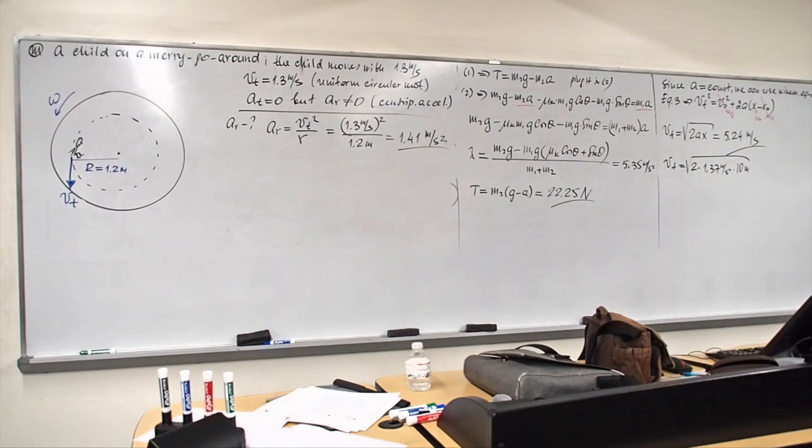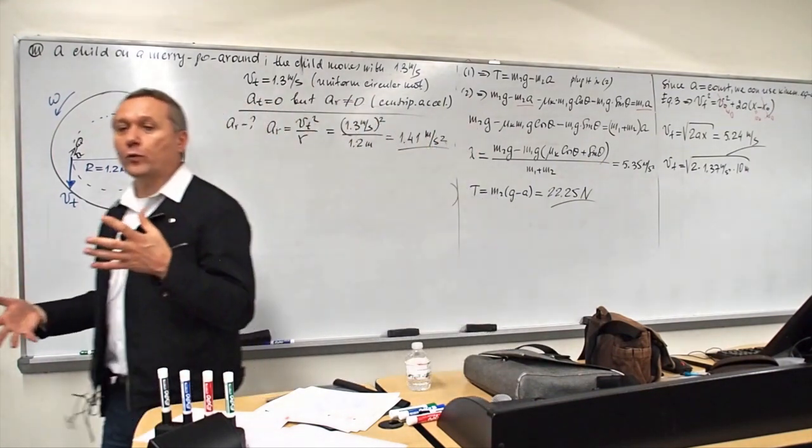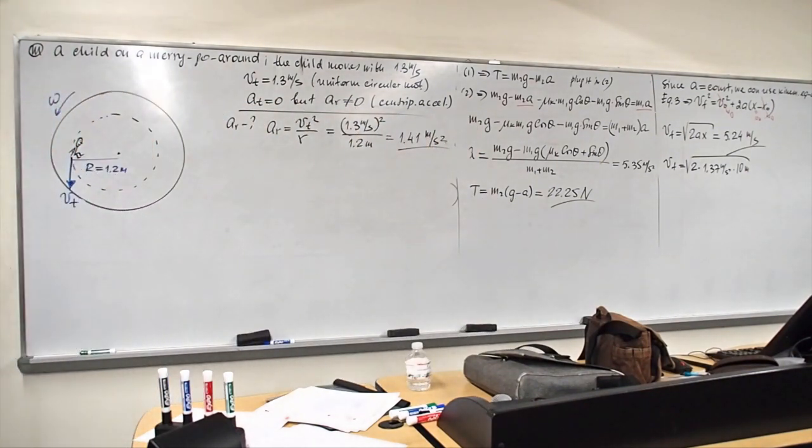The child executes circular motion because of a net force towards the center, which we can call centripetal force. But which real force plays the role of this centripetal force in this case? Which real force?